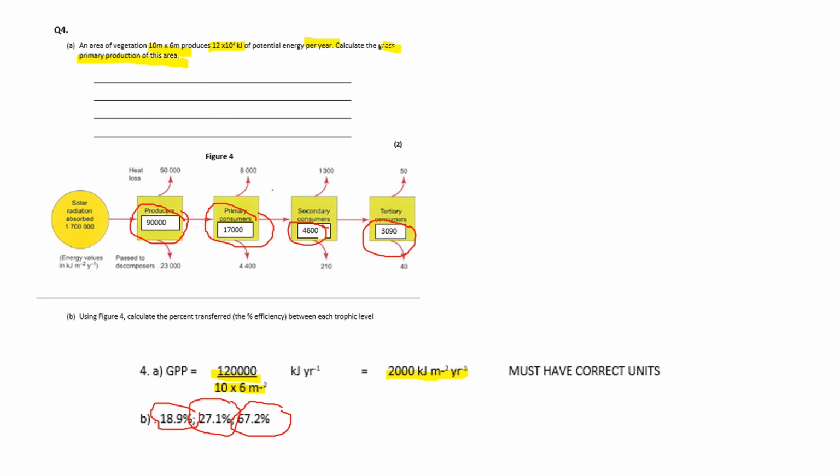We know that not all parts of that plant might be eaten. So energy efficiency is relatively low between the producer and the primary consumer. Again, it might be even lower than 18.9%. We know it can be very, very low, that energy transfer, usually around 10%. And that will increase as you go up the trophic levels.